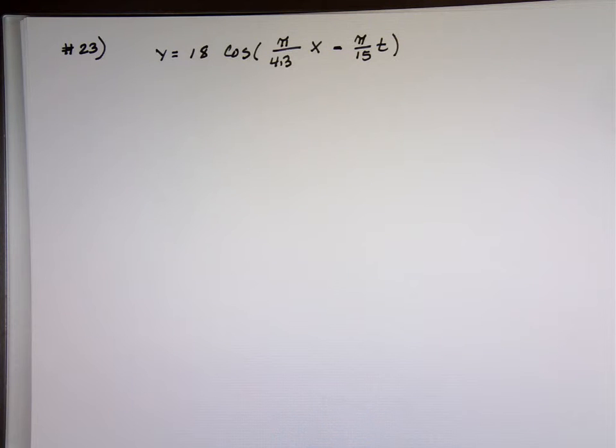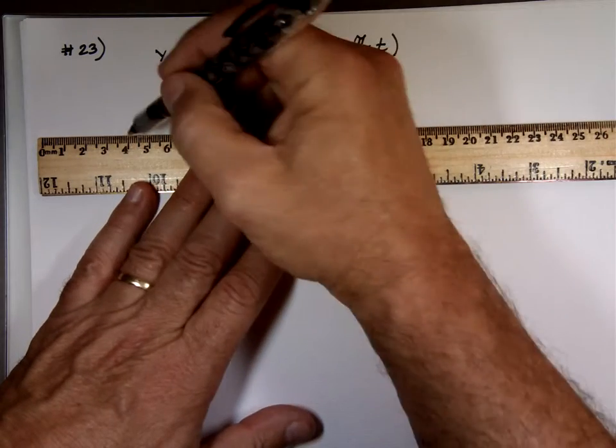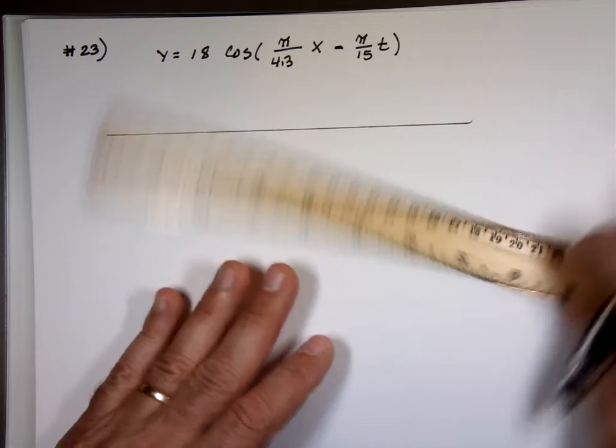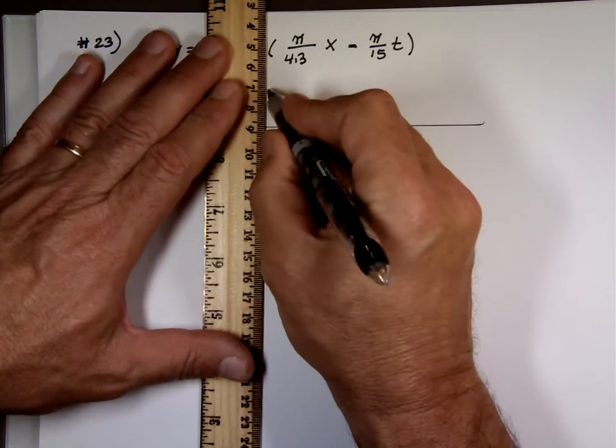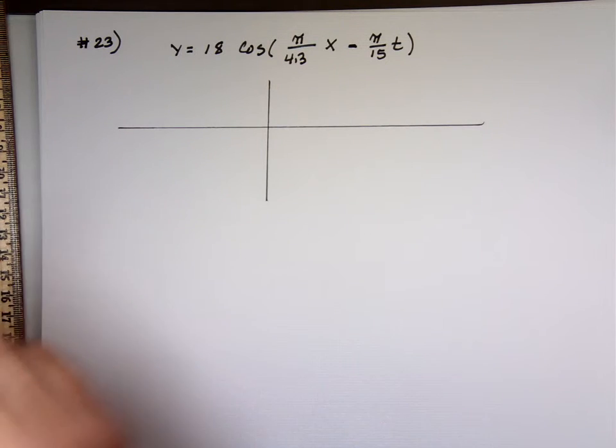What is the amplitude? The amplitude is the height of it. If I graph that wave, it will look like this. It's a cosine wave, not a sine wave. The standard cosine function will look like this.